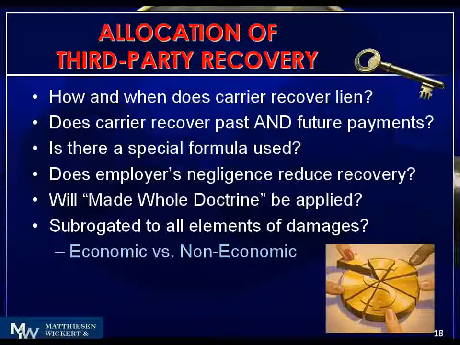You're subrogated to those, so if the plaintiff settles and suddenly allocates all of the recovery to pain and suffering, mental anguish, and things of that nature, you have the problem of economic versus non-economic damages. If you're only subrogated to economic damages, medical expenses, lost wages, and the plaintiff's attorney is saying the whole recovery is non-economic damages, you have a bit of a problem.